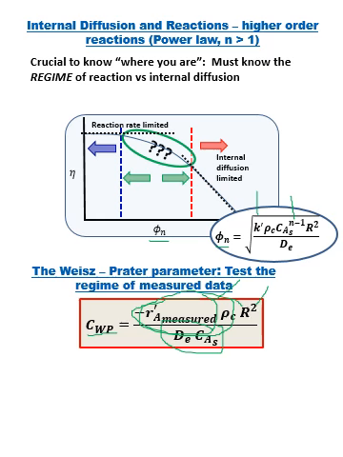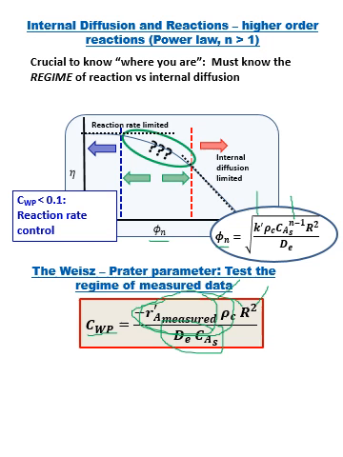So now, if the Weiss-Prater parameter is less than 0.1, regardless of the rate order, first order, second order, fifth order, whatever order rate you have, you know that you are in the reaction rate controlled regime and eta is equal to 1.